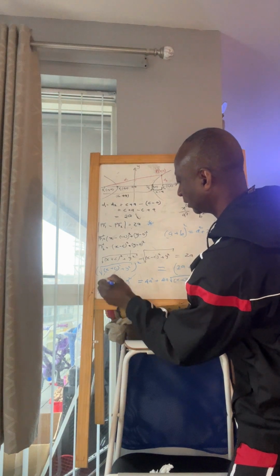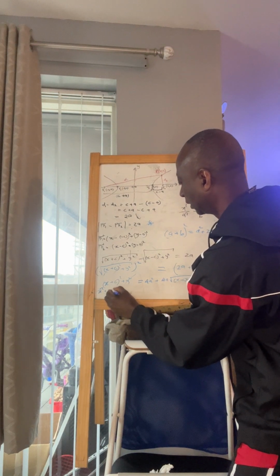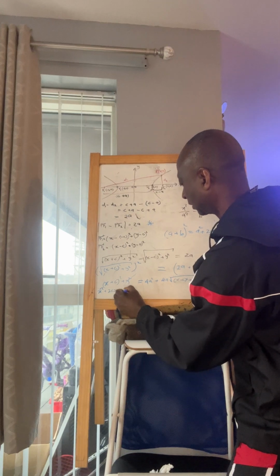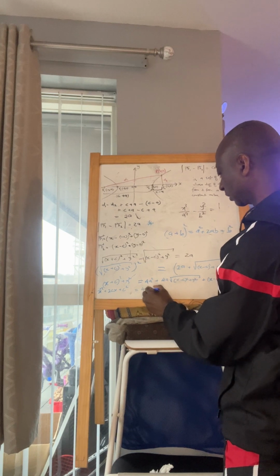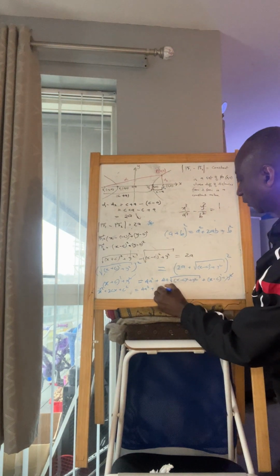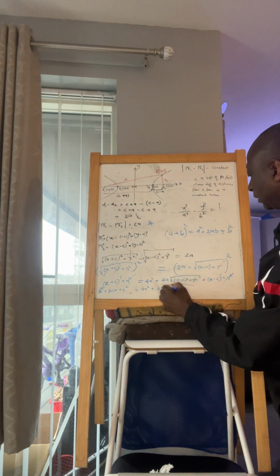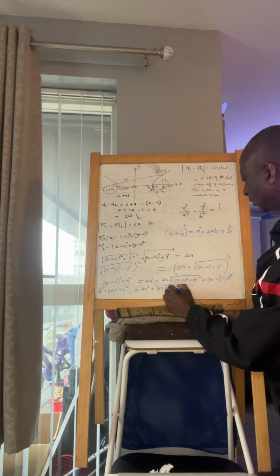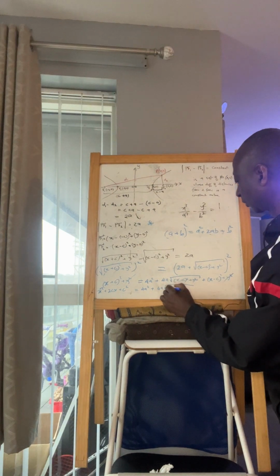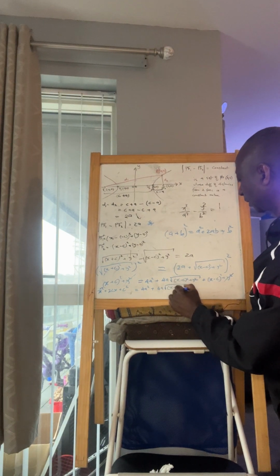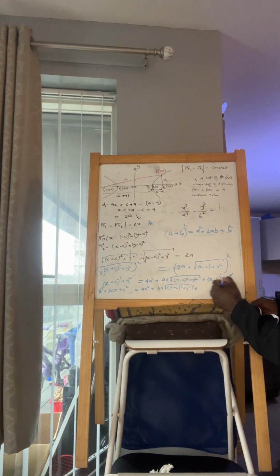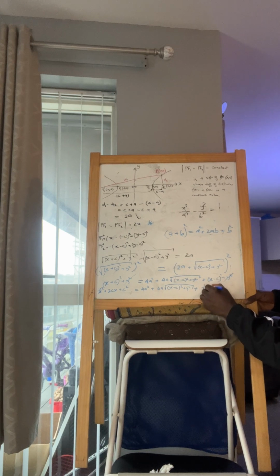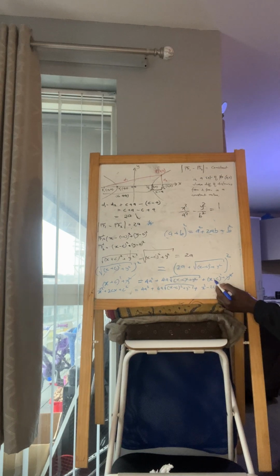You get x squared plus 2cx plus c squared, expanded this one, equals 4a squared plus 4a, this we can't do anything, c minus x minus c squared plus y squared plus, again, we expand this one. You get x squared minus 2cx plus c squared.